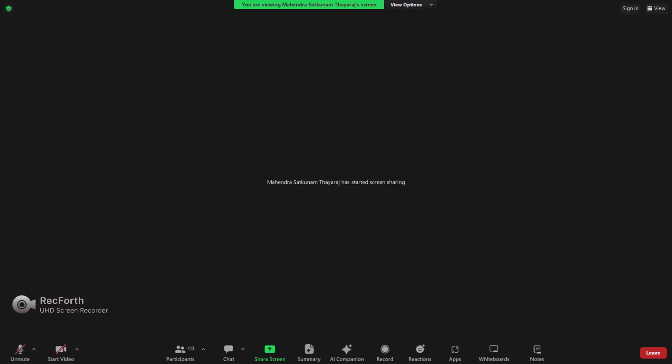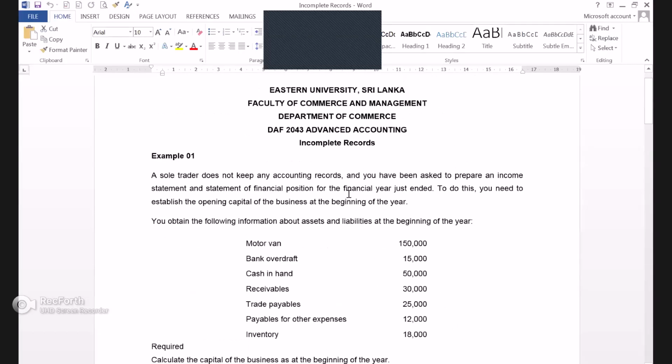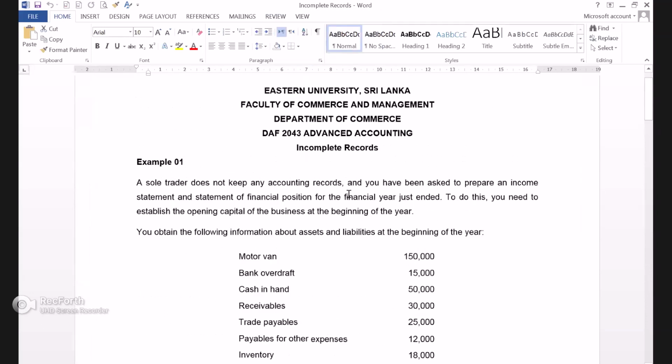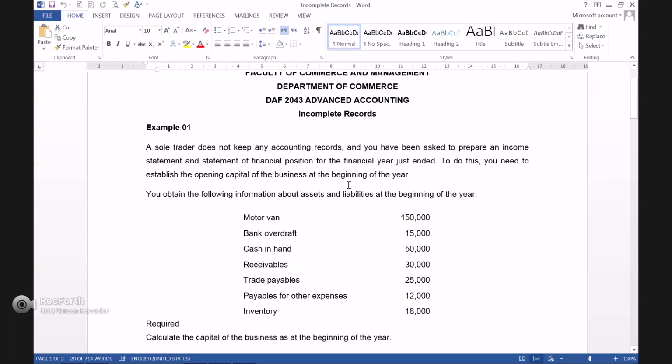So the thing is, last class we have discussed the incomplete record. So first, we have to discuss the incomplete record things. Then we have to discuss how to calculate the capital. You know, incomplete record means there is a single entry. There is no proper double entry system.